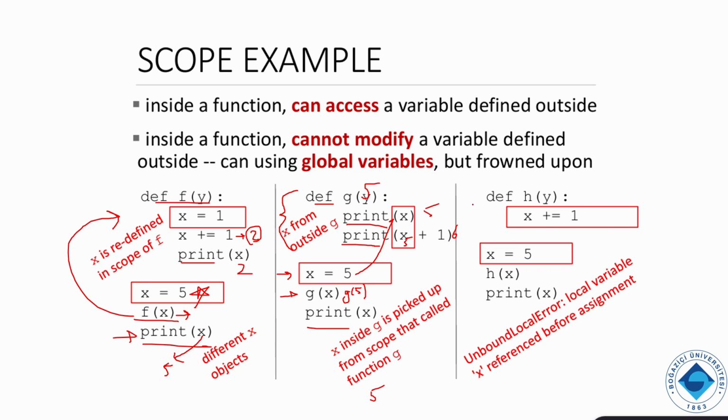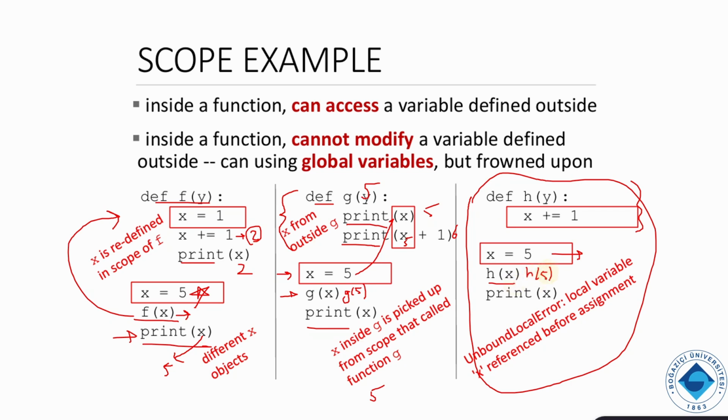But once we come to the last example here, if I define function h(y), and if I define x equals 5, and if I call the h function here, it will be h(5), right? Let's calculate what is h(5). Write 5 here. Inside of the function, there is nothing about y.